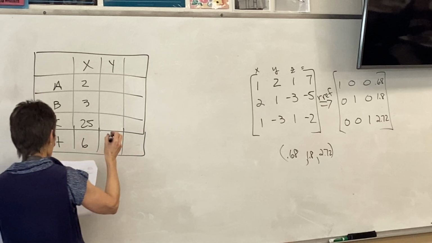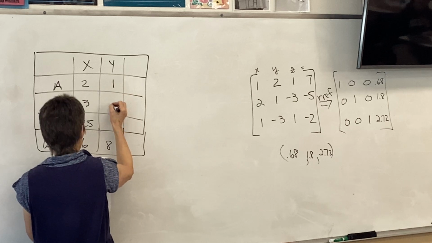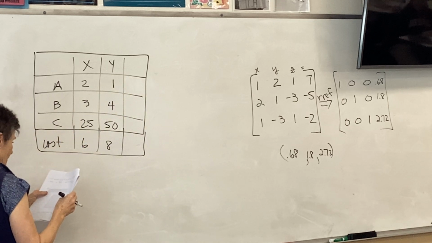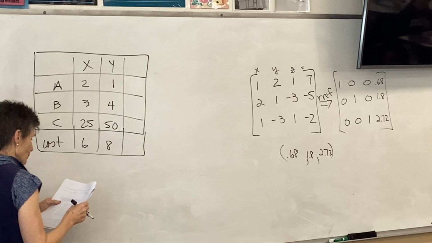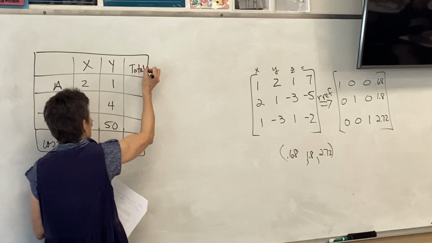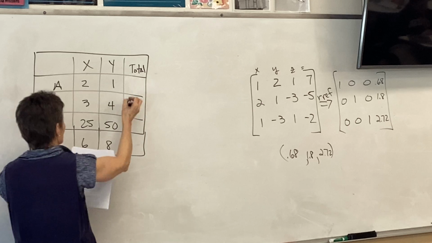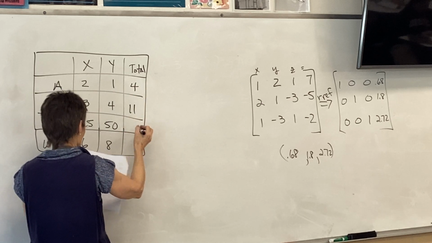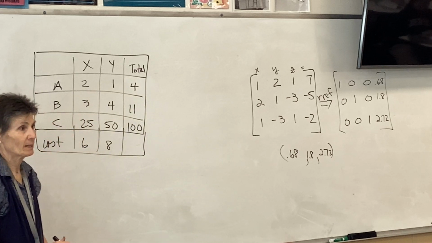Brand Y gives me 1, 4, and 50. We'll call this total. He needs 4 milligrams of that, 11, and 100. How does that chart look to everybody?